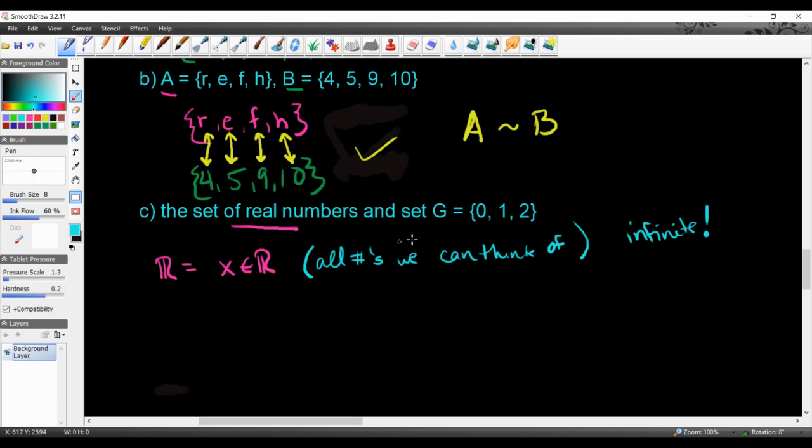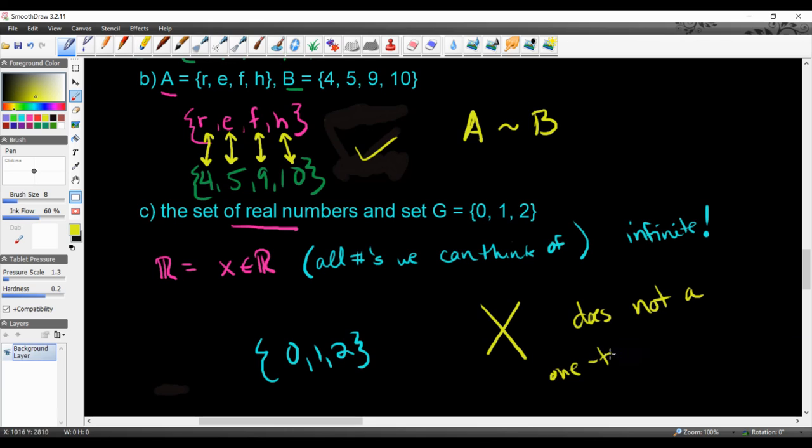So this one is infinite and G is just 0, 1, and 2. How are we going to match up 3 elements with infinite elements? We can't. So this one does not have a one-to-one correspondence. You can only match up an infinite set with another infinite set, okay?